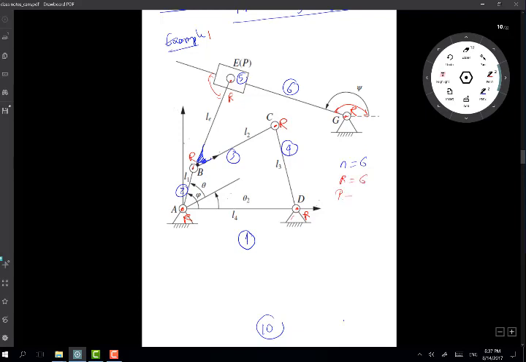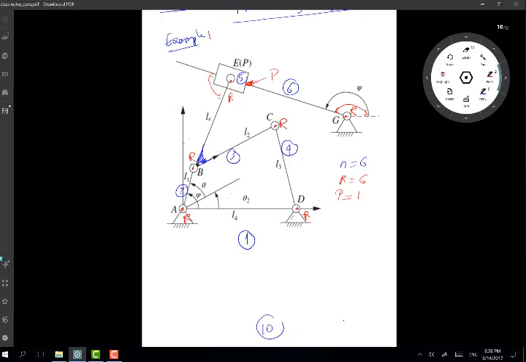And we have one prismatic joint, which is this one here, signifying the relationship between the slider and link number 6. So don't forget that link 5 slides on link 6.